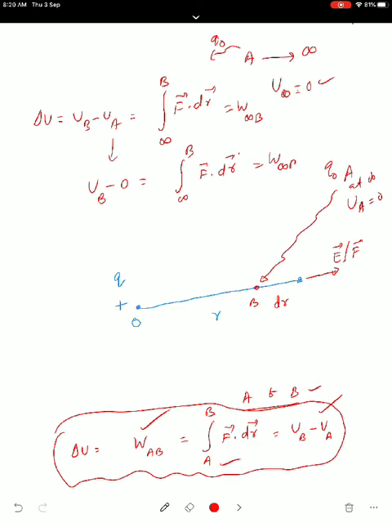Work done from infinity to the point B. So this gives the way of finding potential energy at any point in the field. Any particular point is defined as the work done in bringing a charge from infinity to that point without any acceleration. This is calculated by integral F vector dot dr vector from infinity to this point.